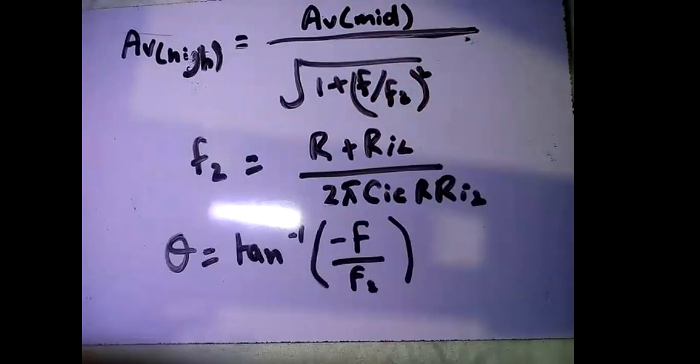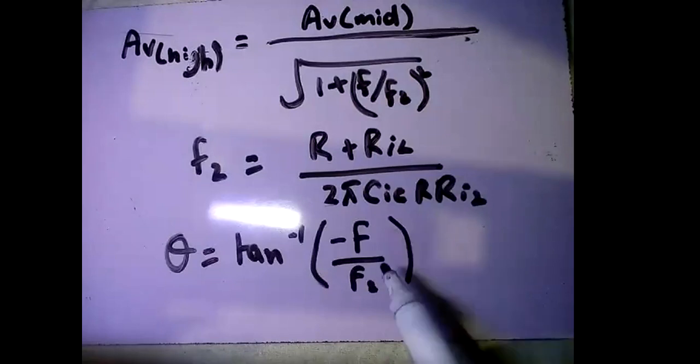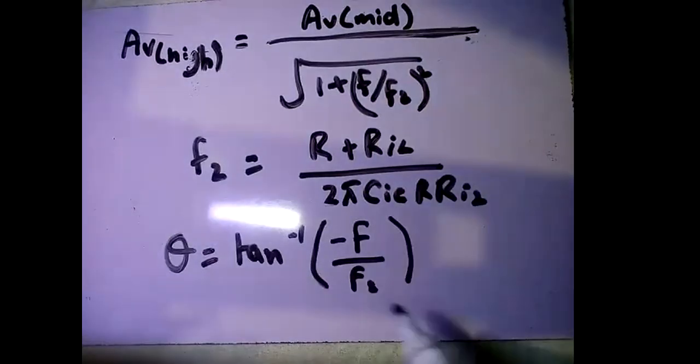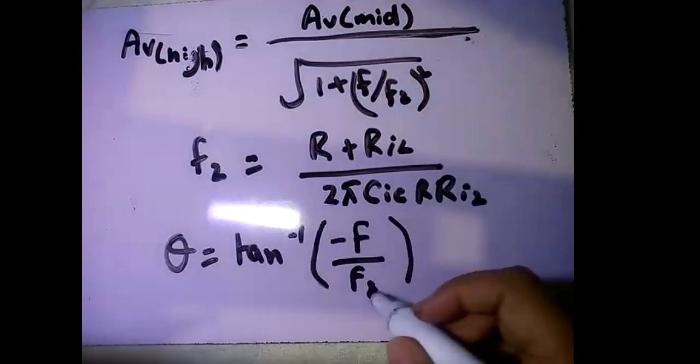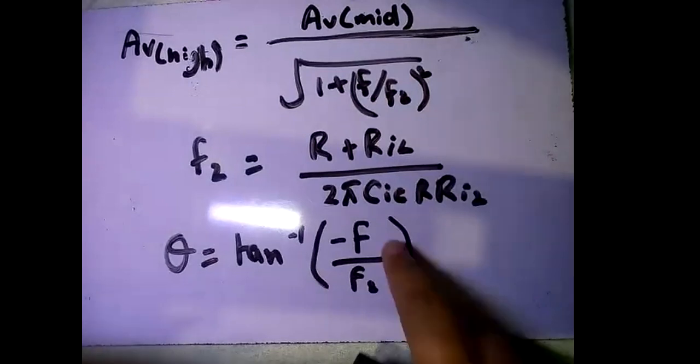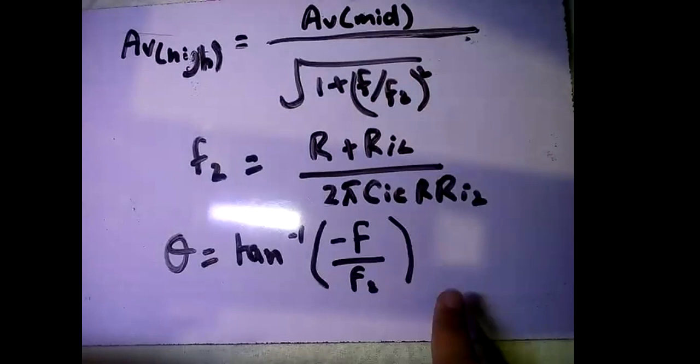So f over f2: here we can see that when f2 goes on increasing, the ratio between f and f2 will go on decreasing.